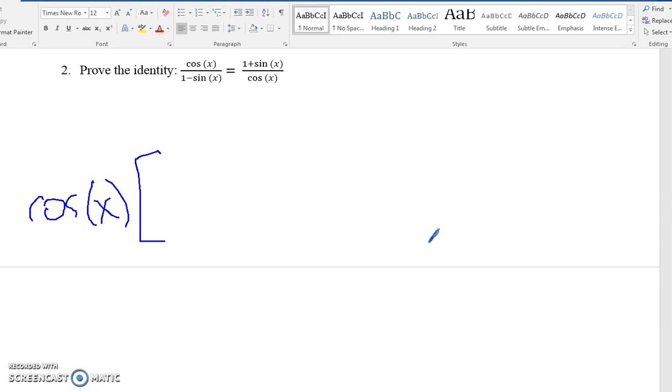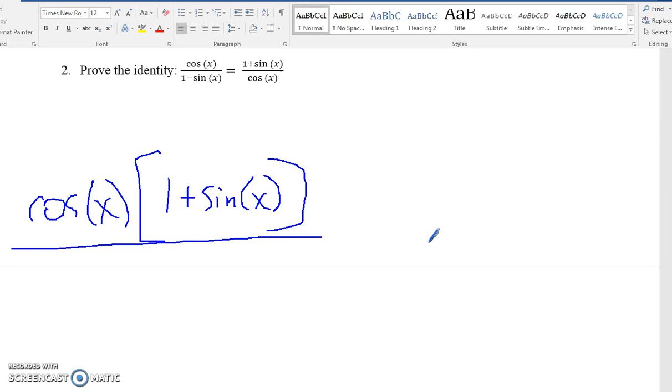But I believe we had a cosine of x times 1 plus sine of x in the numerator. And what we were getting ready to do was to replace the whole denominator with cosine squared. That was the substitution we were making. I just got a little bit ahead of myself.